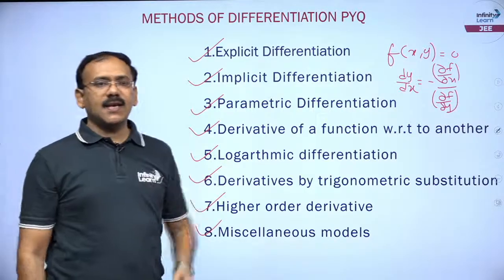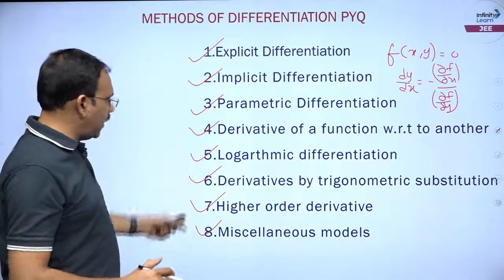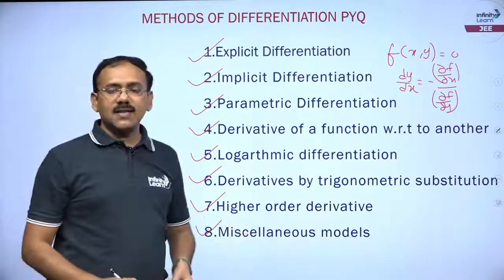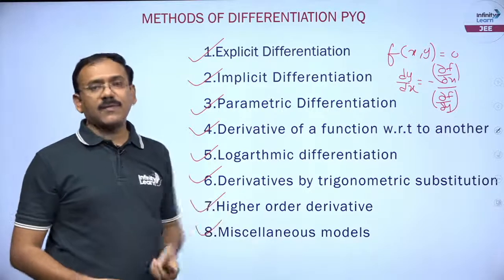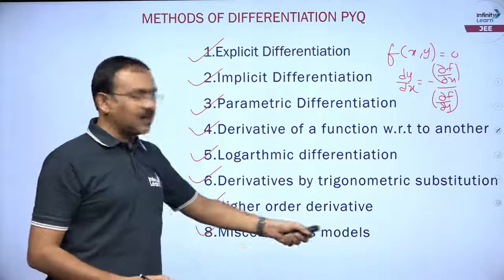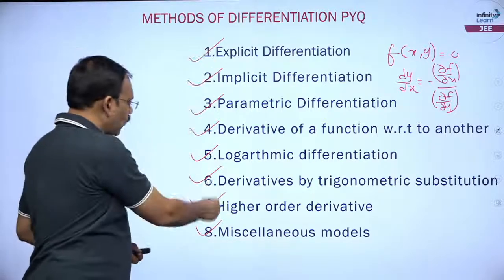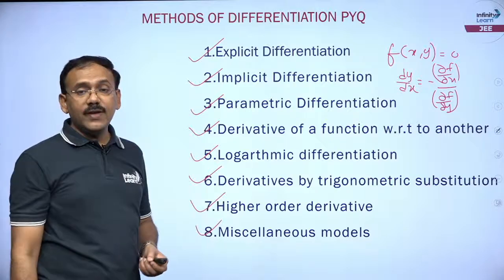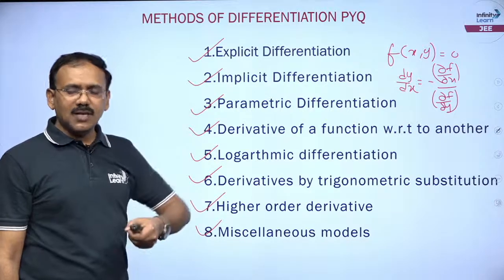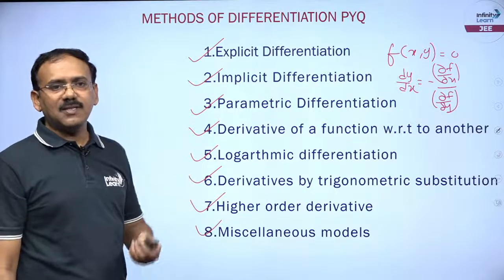Precisely, in the topic methods of differentiation, we can have 8 models. Derivative of inverse of a function, derivative of a determinant, all these models come in the last stage. But most important, these 1 to 6 models keep reflecting in the previous year questions of JEE Main.